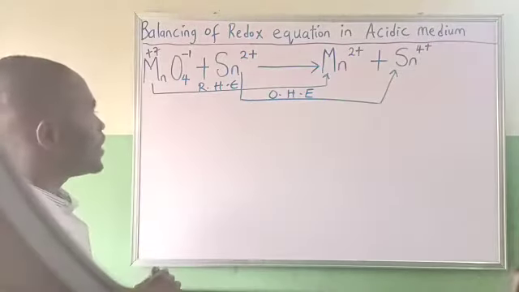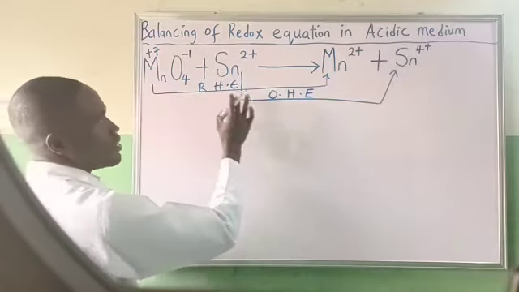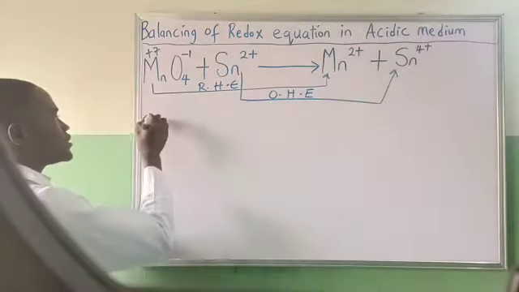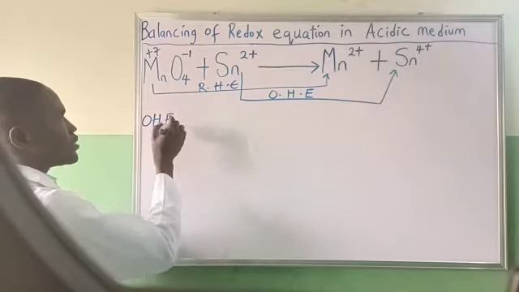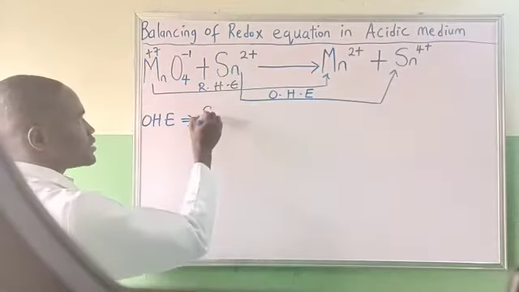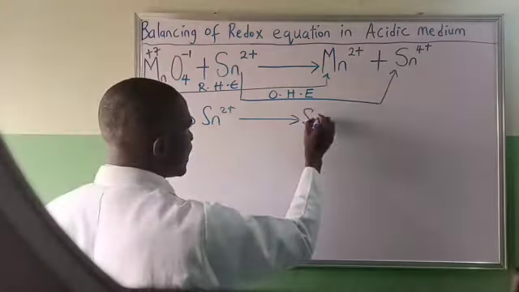Next thing to do is to bring out this reduction equation and oxidation equation. I'm bringing out the oxidation half equation first. I will say that this means Sn2+ to be giving you Sn4+.